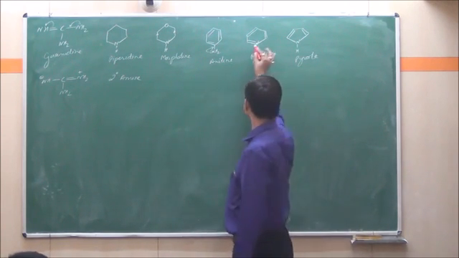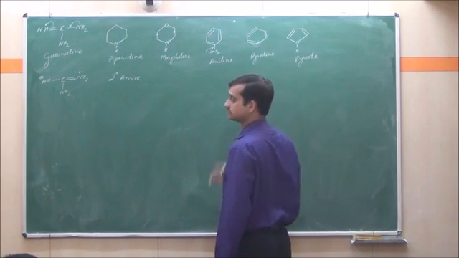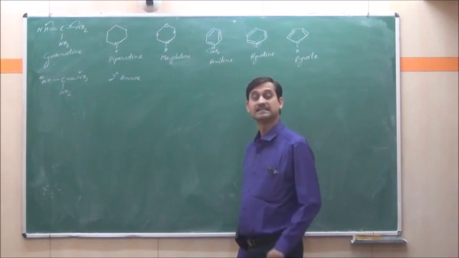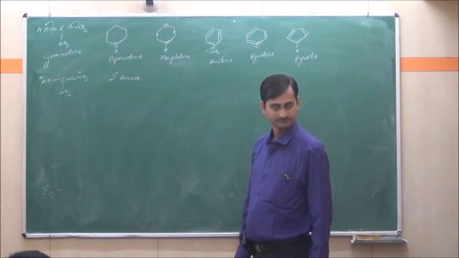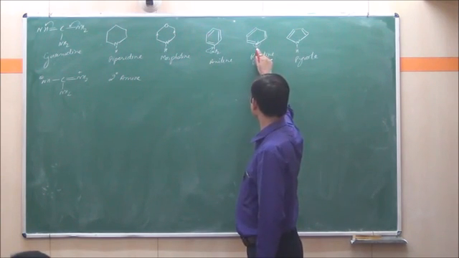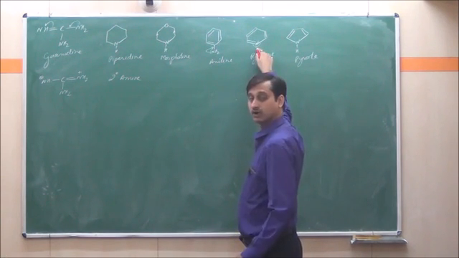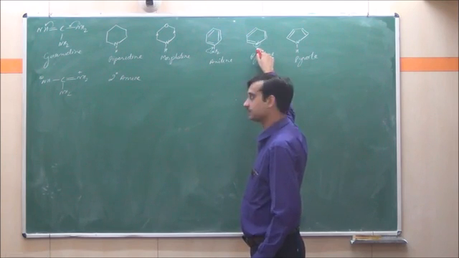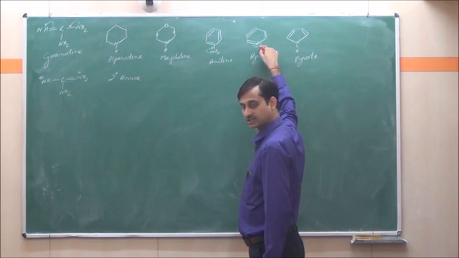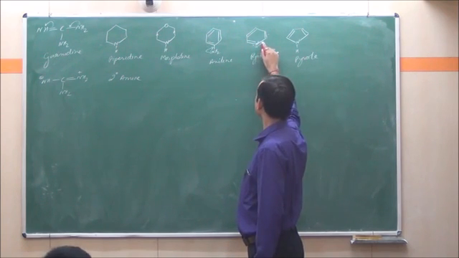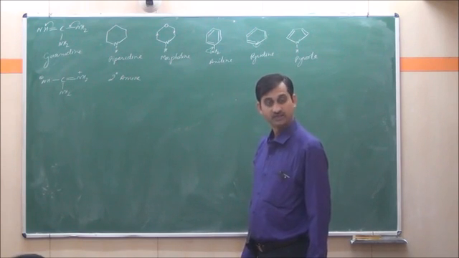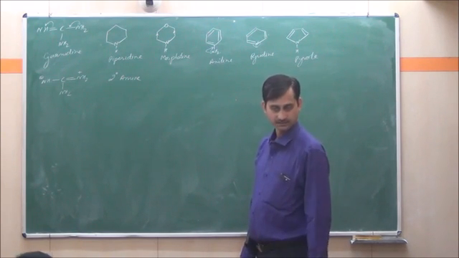Here, this electron cloud gets a larger region to spread, so it becomes less donatable. Is it okay? Here be very clear, in pyridine the electron cloud is not involved in conjugation. Pyridine itself is aromatic. The electron pair is not taking part in conjugation, but again, because of the sp2 hybridization of nitrogen, the electron cloud is spread over a larger region, which makes it less basic.